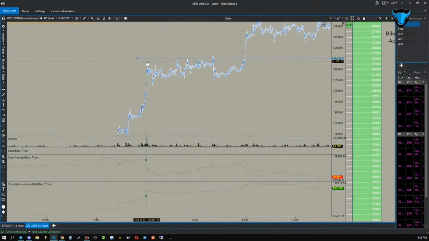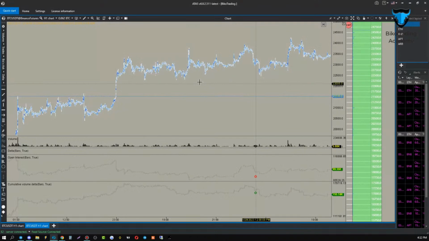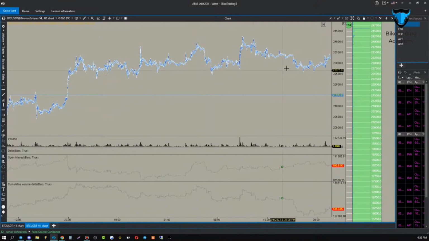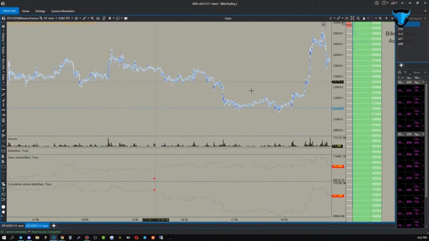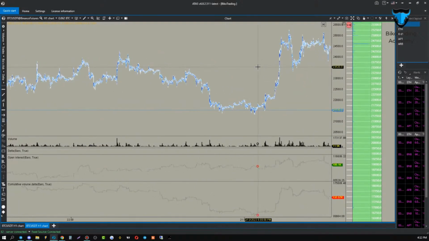Like from the 14th until the 20th, price was a whole entire week in the middle of this range. But the trend on BTC at that time was really powerful. That's why price didn't reverse, the trend didn't change dramatically.